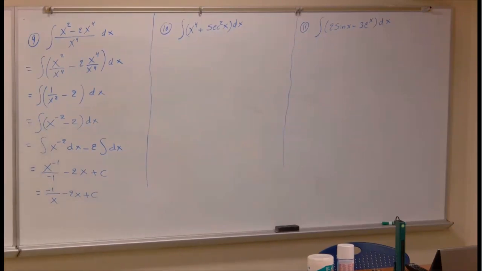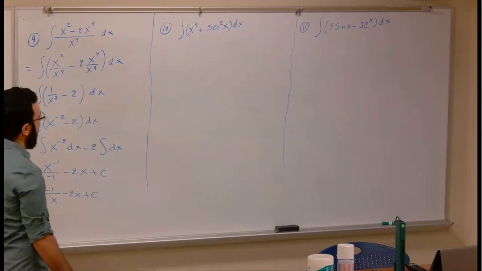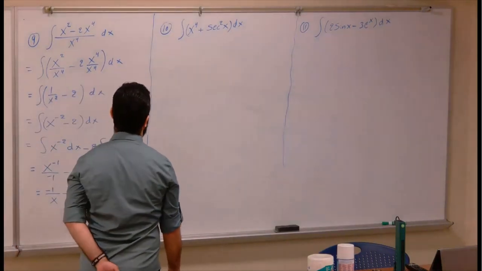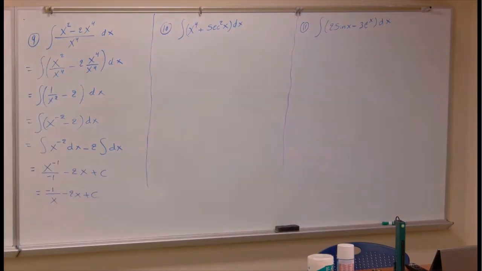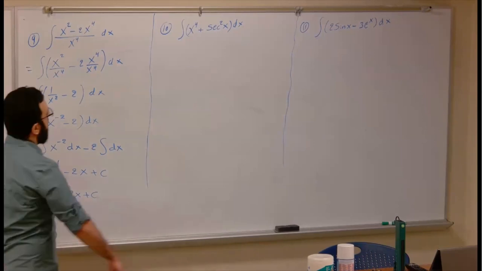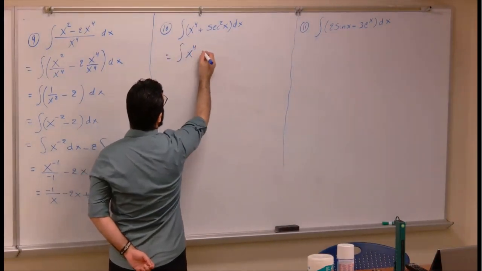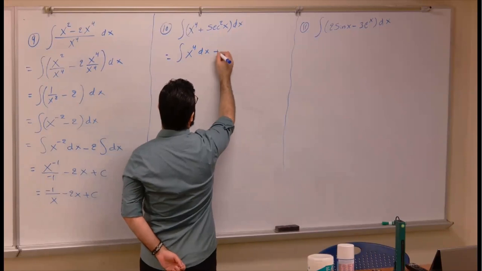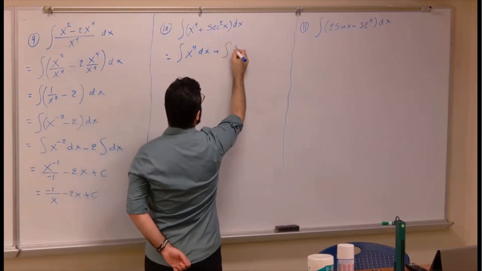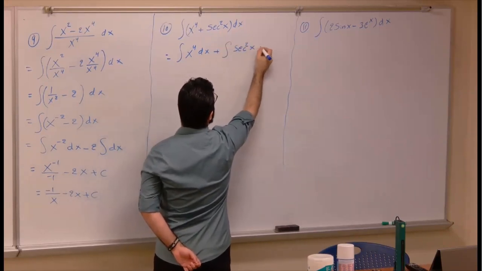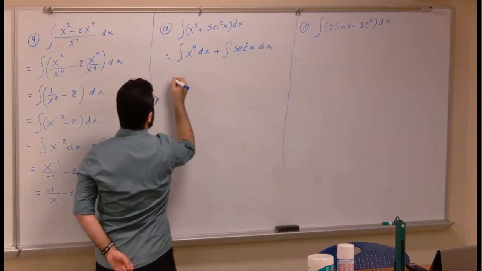Number 10, we're gonna find the integral of x to the power 4 plus secant squared x dx. Secant squared, you're going to use rule number 7. So this one is going to be the integral of x to the power 4 dx plus the integral of secant squared x dx.